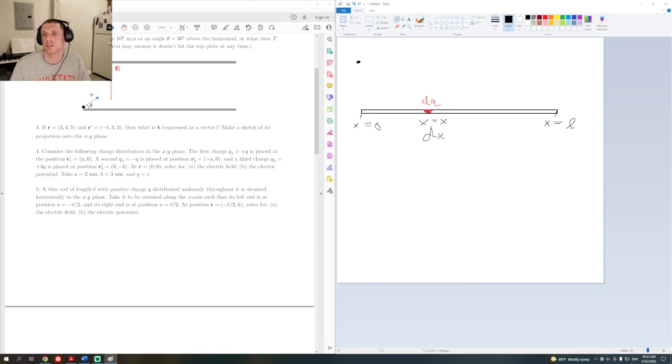So with this sketch in mind, let me try to be better about drawing some lines here. I'll draw the line that connects the bit of charge to where I want to calculate the field, so it looks like this. And then my electric field vector should look like this for that bit of charge, so we'll write dE here.